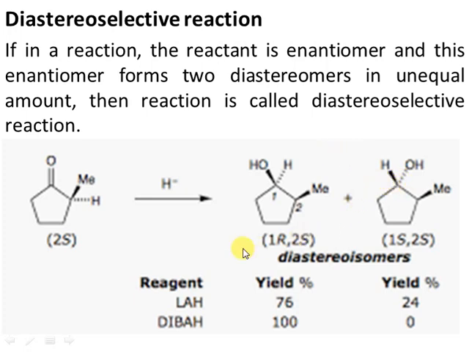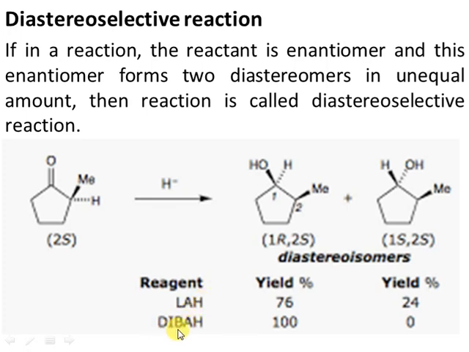You can see that we are getting two diastereomers, but the yields of the diastereomers are different. If you use lithium aluminium hydride, then this isomer is formed in 76% excess, while this isomer is formed in 24%. So this reaction is diastereoselective.